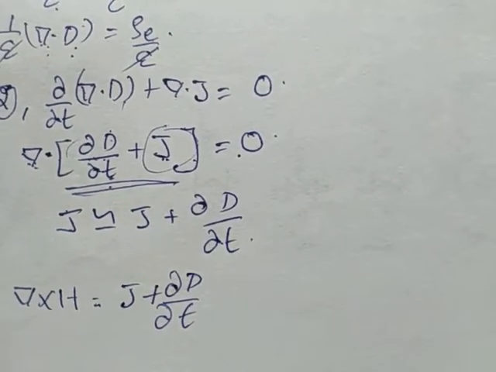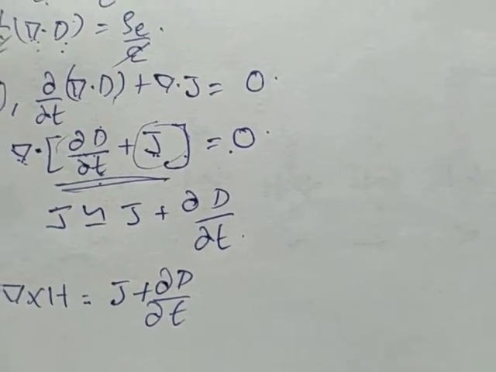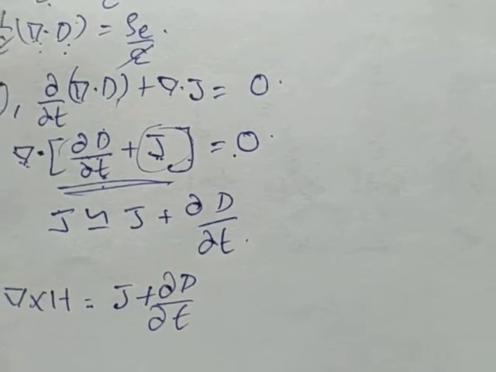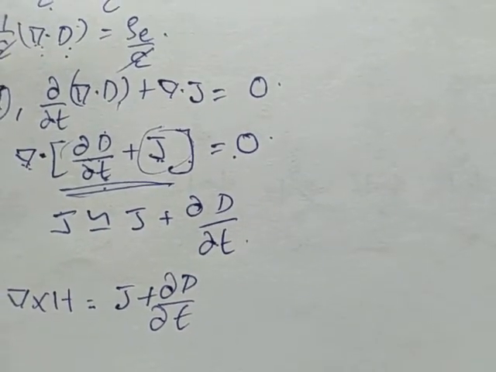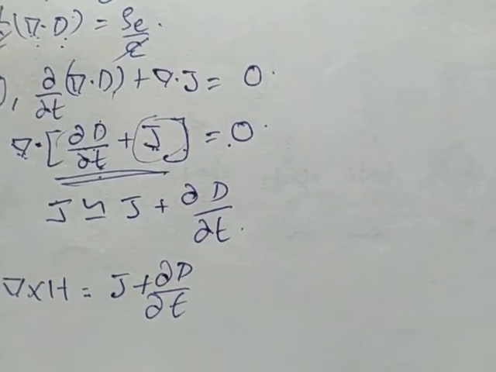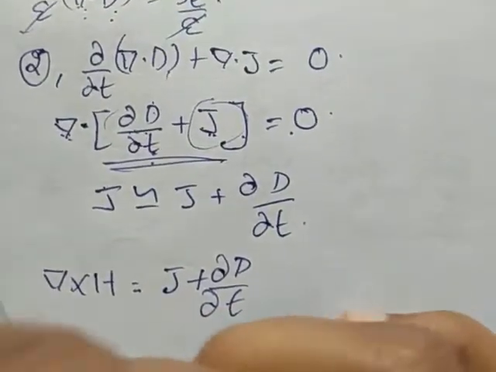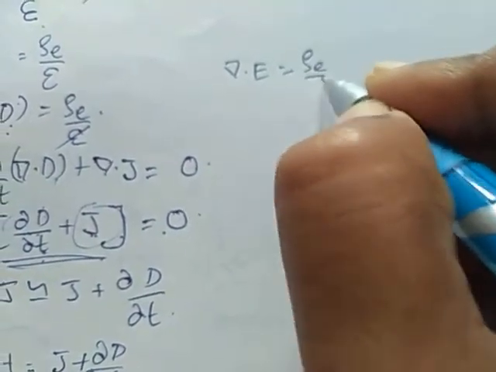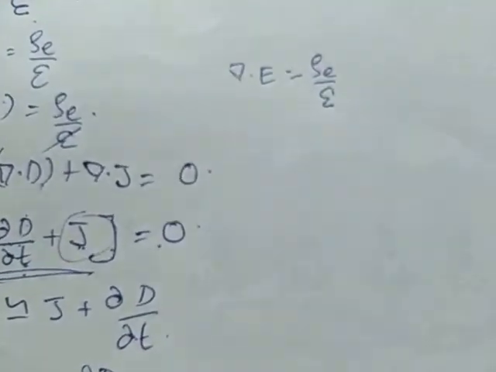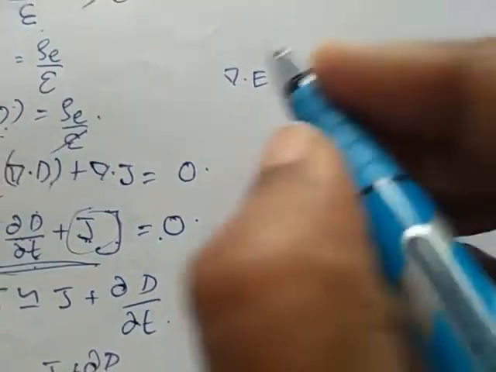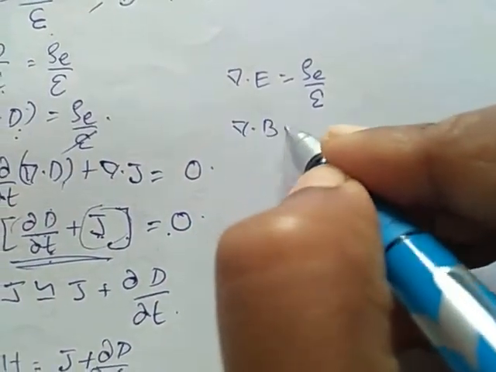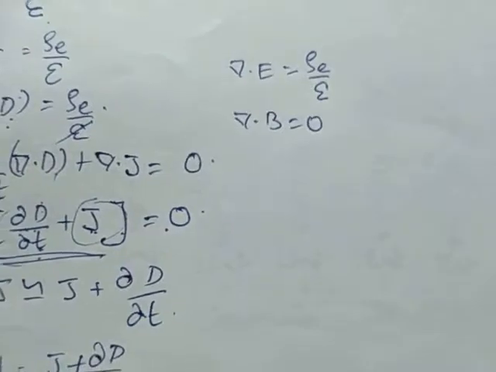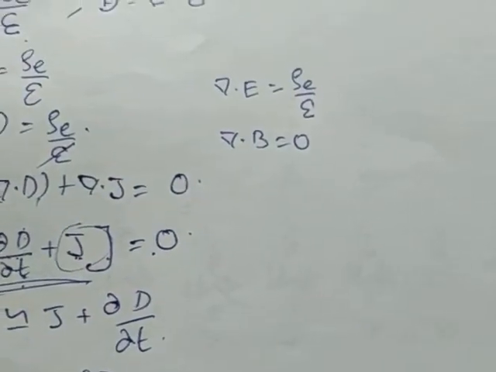So the system of partial differential equations, or Maxwell's equations, are: del dot E is equal to rho E by epsilon, which is Gauss law for distribution of charge. Then del dot B is equal to 0, which is the solenoidal property of the magnetic field.